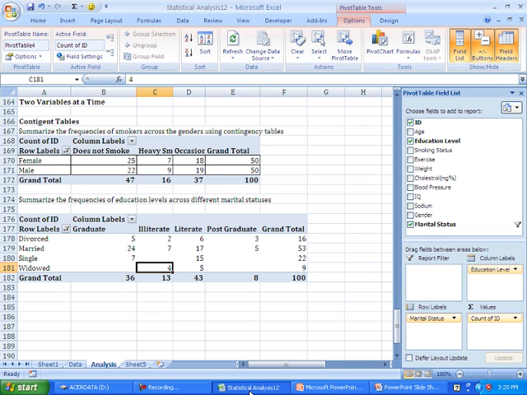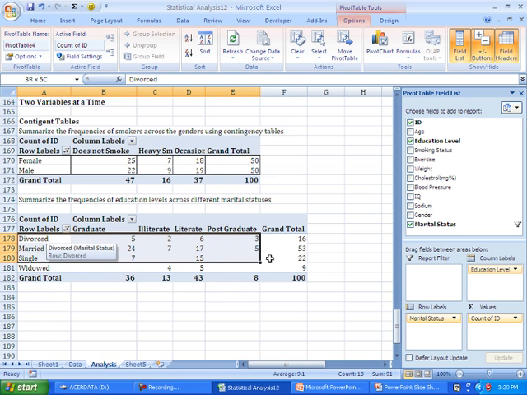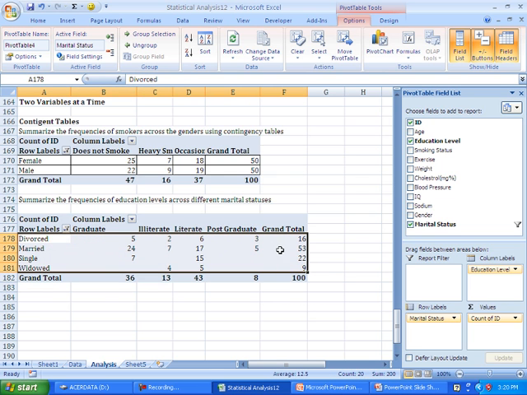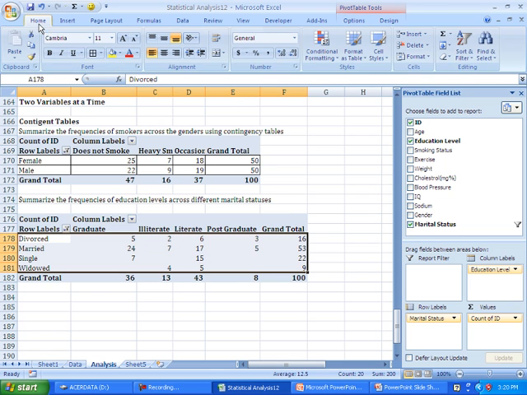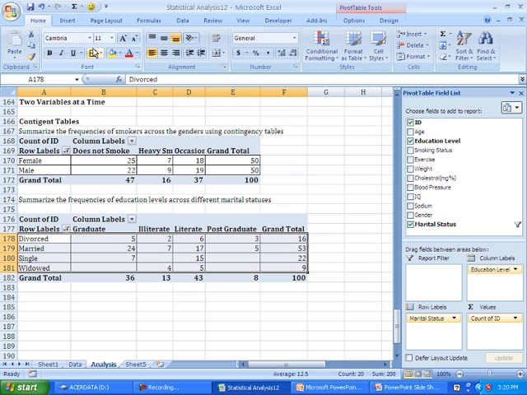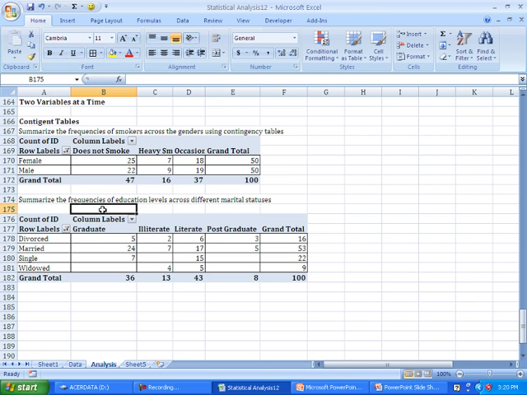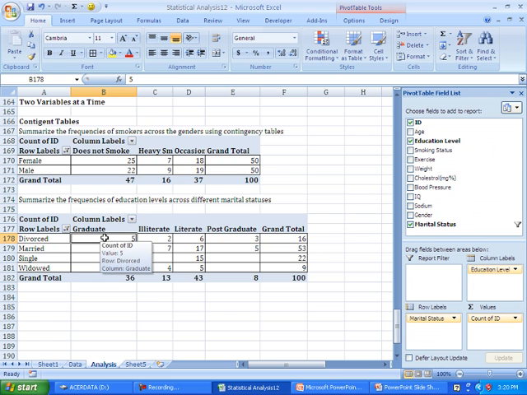Right? So this is one of the ways in which we can summarize two variables together, and probably the presentation of this can happen even through a pivot chart also. Just like the way we have used a pivot chart in a single variable scenario, we can use the pivot chart even in a 2 variable scenario also.